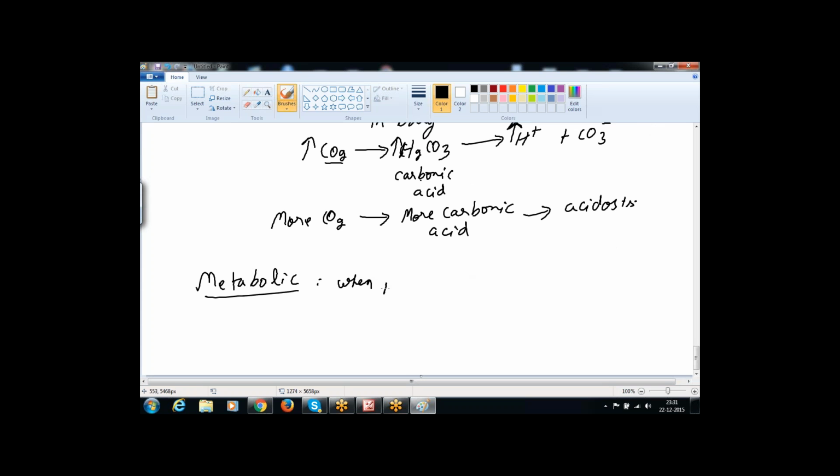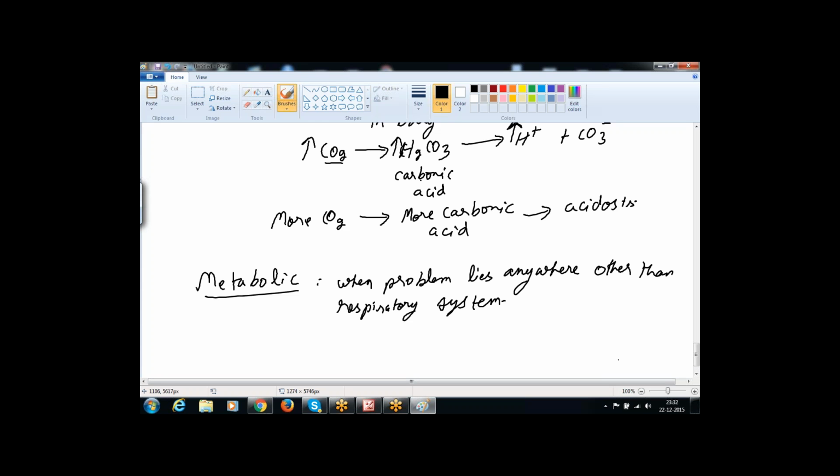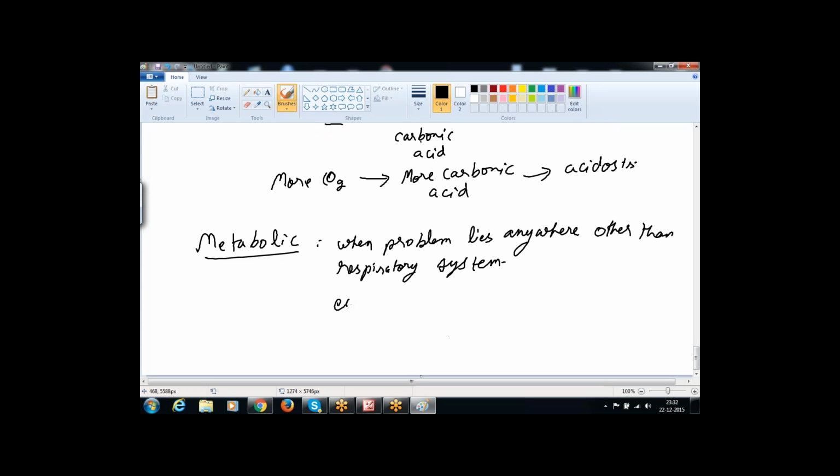Metabolic acidosis is when the problem lies anywhere other than the respiratory system. It can be some drugs or some toxins.